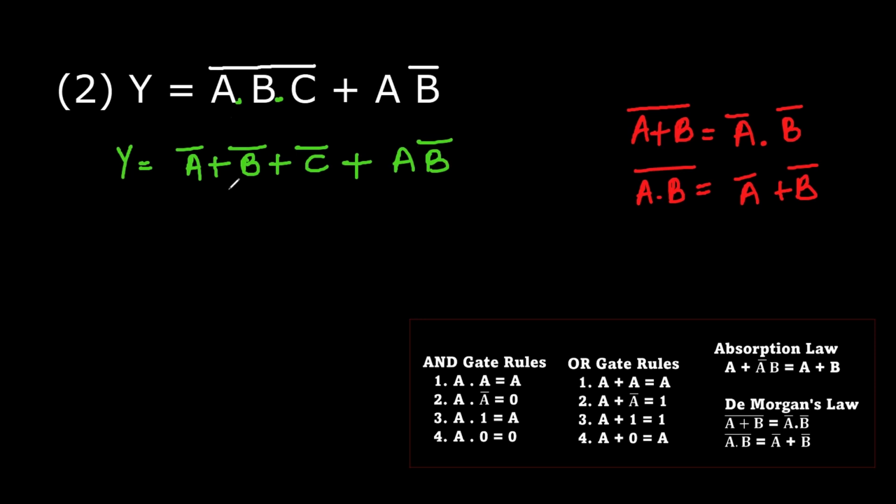So looking at common terms, you see that you have A not B over here and A and B not over here. So you can get these common terms together.